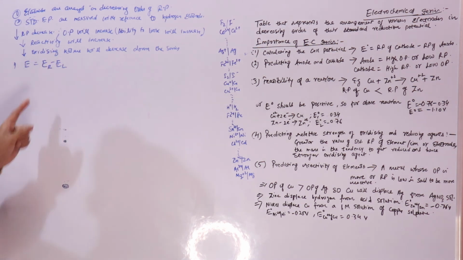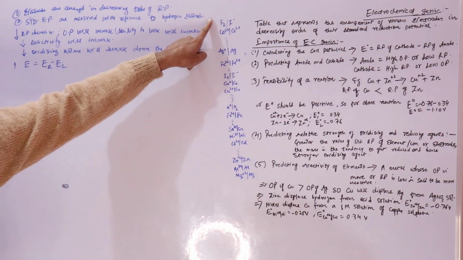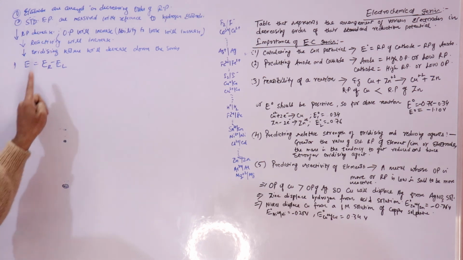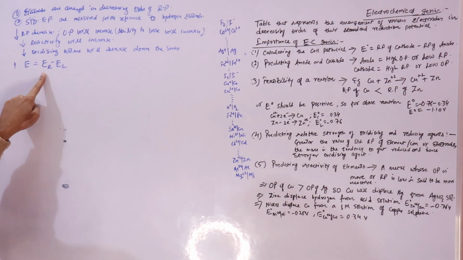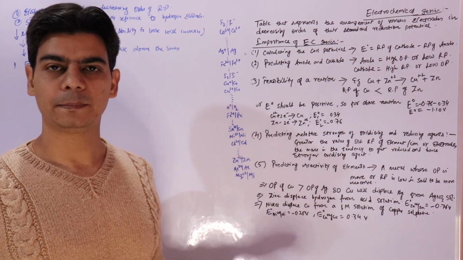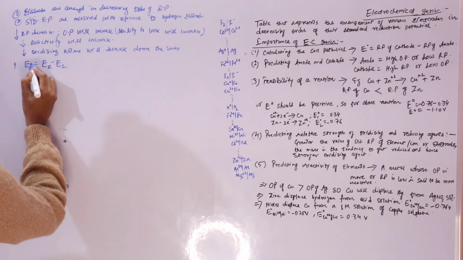This is the reduction potential, or the standard reduction potential. If we are talking in terms of the electrochemical series, these values would be at standard conditions. By standard conditions we mean 1 molar concentration, 1 bar pressure and room temperature of 25 degrees Celsius or 298 Kelvin.